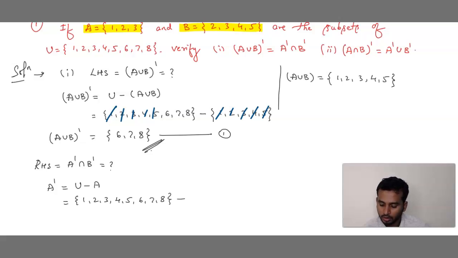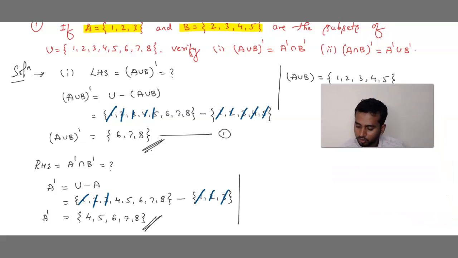This is set U. Minus set A, 1, 2, 3. This is set A. Now can we cancel the terms? Yes. 1, 1 get cancelled. 2, 2, 3, 3. Now what are the elements left out in first set? That is 4, 5, 6, 7 and 8. This is A transpose. Right?